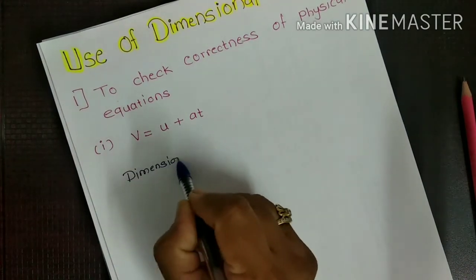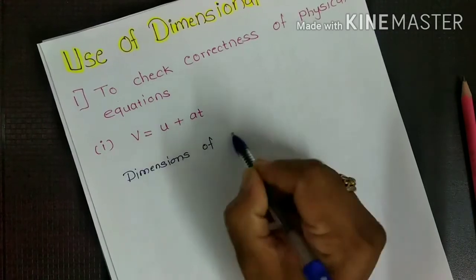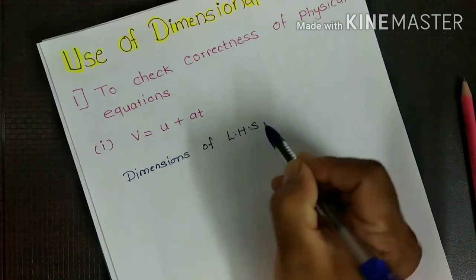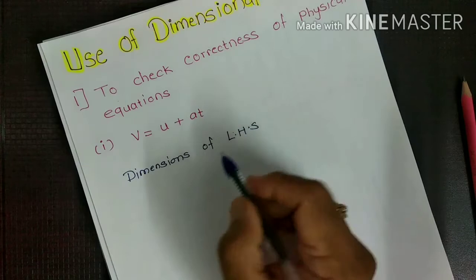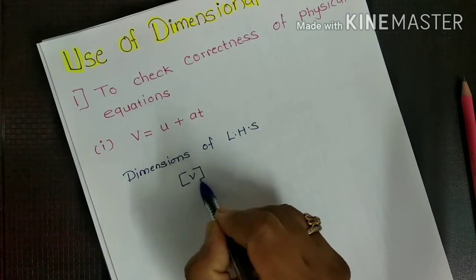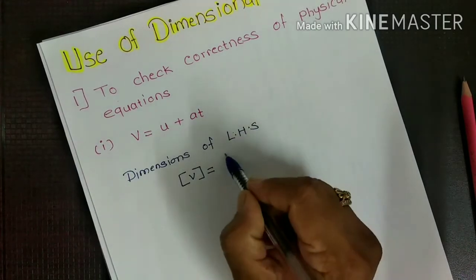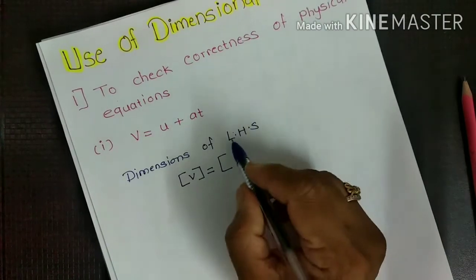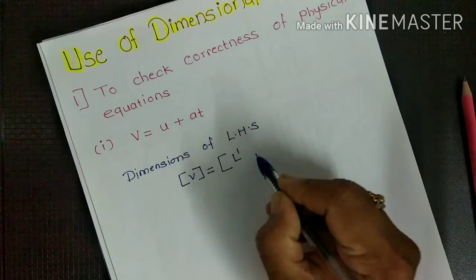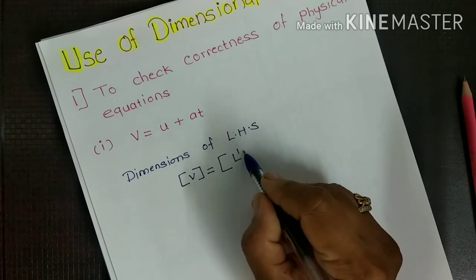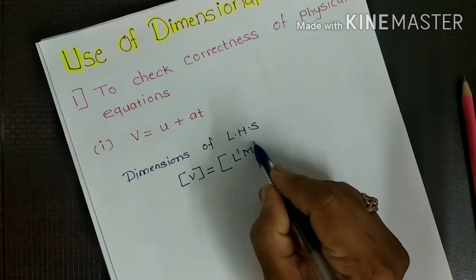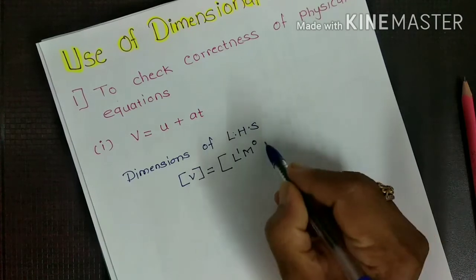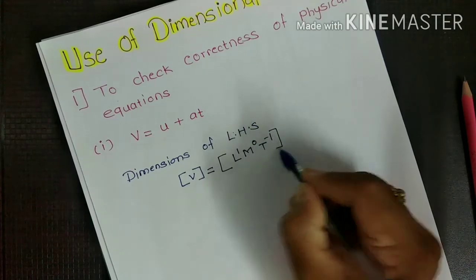Dimensions of LHS, that is V. You know that the dimensions of V, as we saw in the last period how to find out the dimensions, are L raised to the power 1, M raised to the power 0 and T raised to the power minus 1.